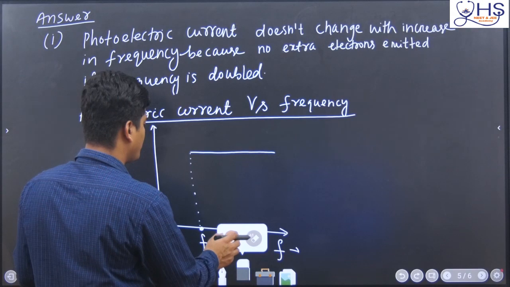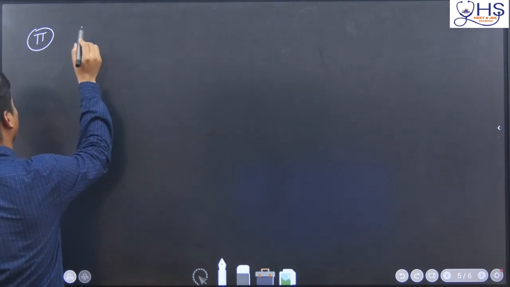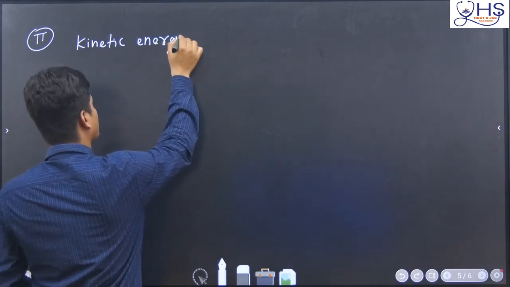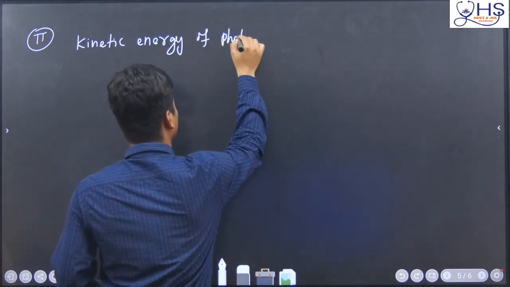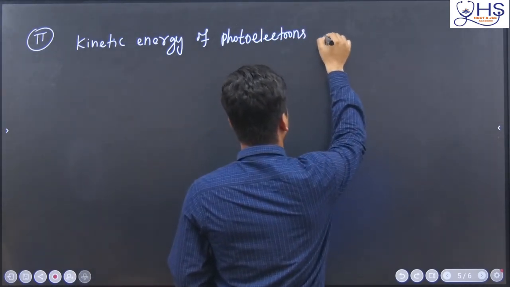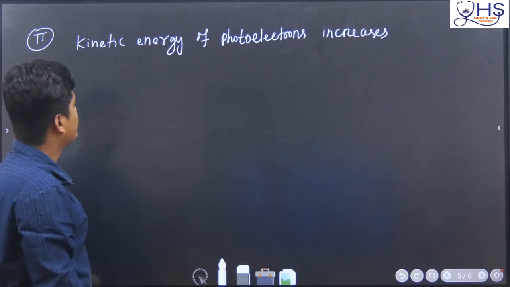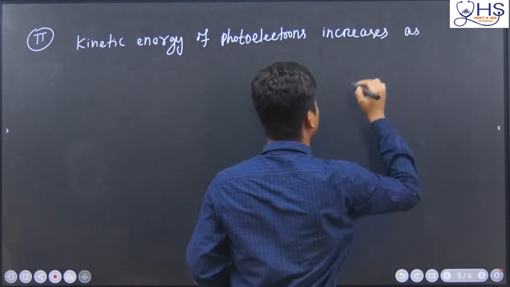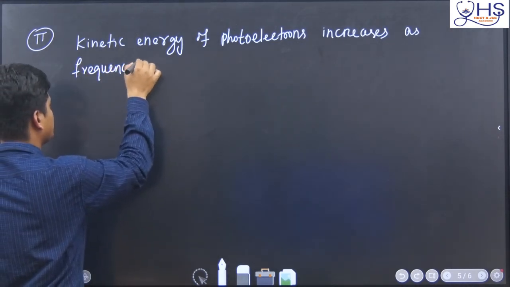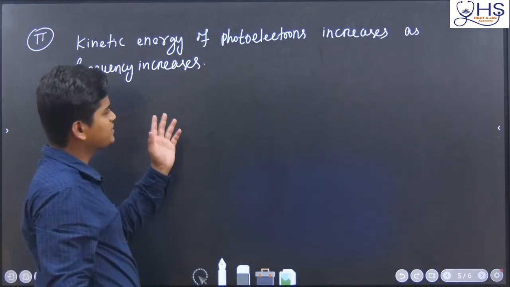So, here if I go for writing kinetic energy, number 2 point I will write: kinetic energy of photoelectrons increases as frequency increases. Okay, so how are you getting this? Here, write some explanation for that also.